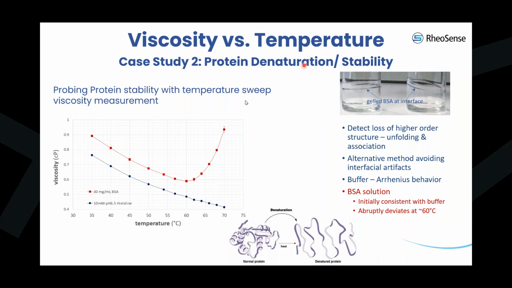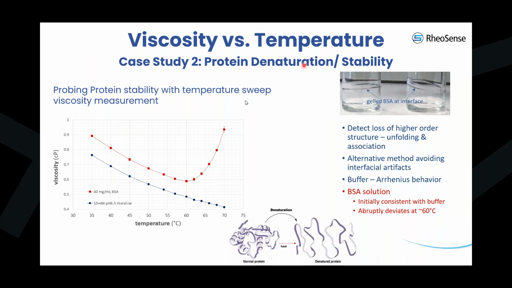There's another question: what's the coolest application you have experienced when you measure viscosity? We have measured a wide range of samples, and to me, the coolest one, for example, was the sol-gel transition that I showed you. It was really interesting to me that we could detect this transition with viscosity measurement.